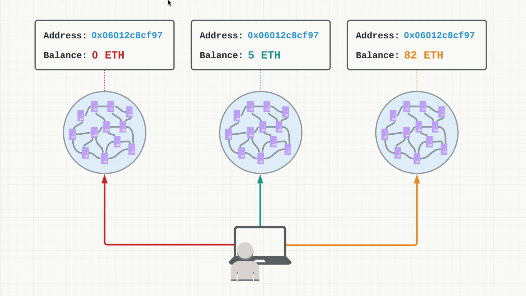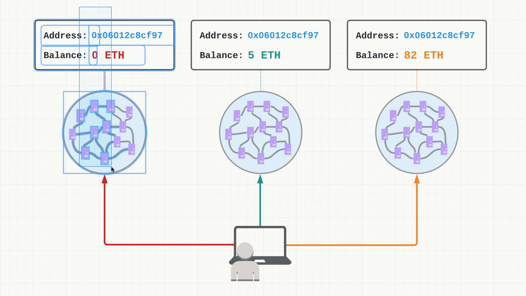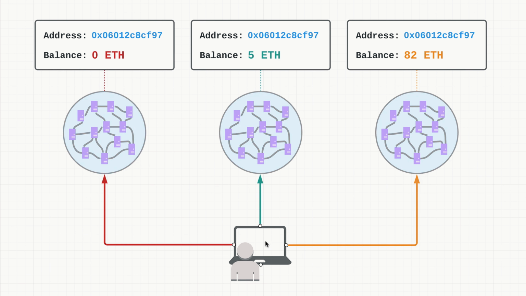Check this out. Whenever you have an Ethereum account, it's basically just a record on that network. The record can have different assets depending on which network it's on. Let's say this was the main Ethereum network right here. For my account, I have 0 Ether on the main network.